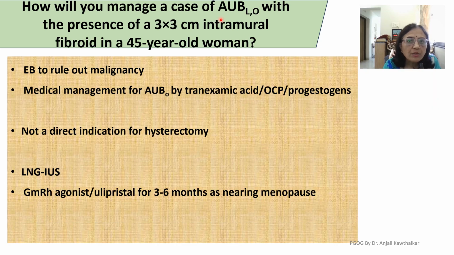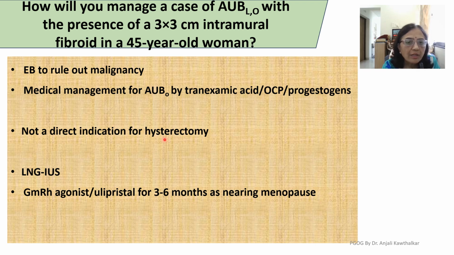How will you manage a case of AUB-L with the presence of a 3 by 3 centimeter intramural fibroid in a 45-year-old woman? Endometrial biopsy to be done to rule out malignancy. Medical management of AUB-O, that is ovulation, to be done by tranexamic acid, OC pills, or progestogens.